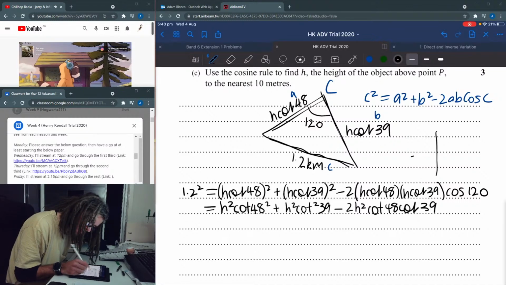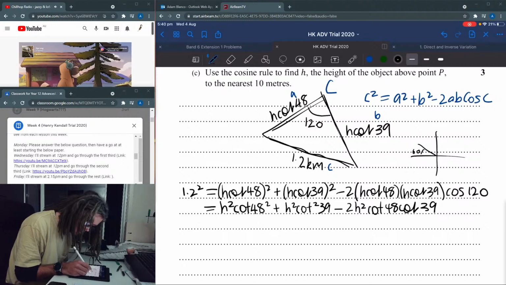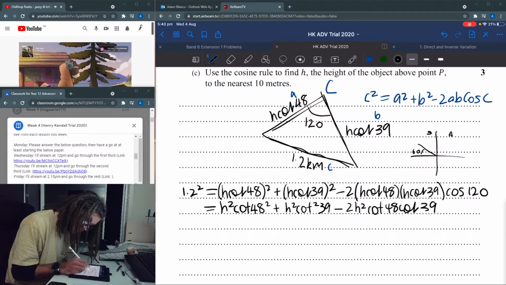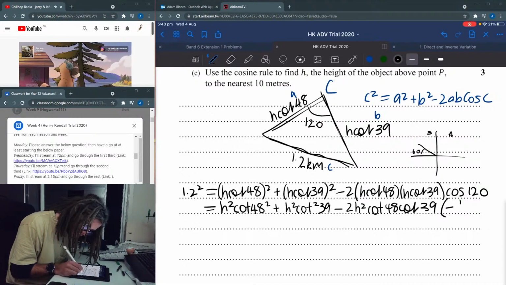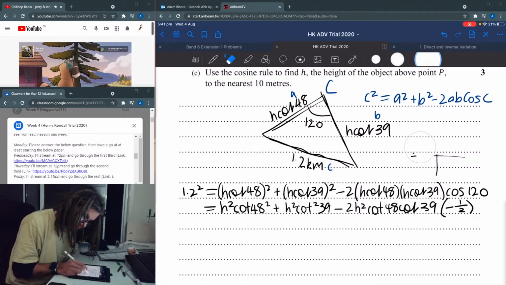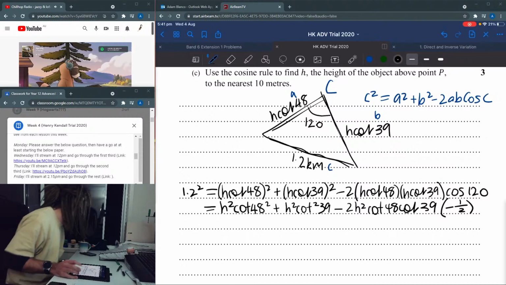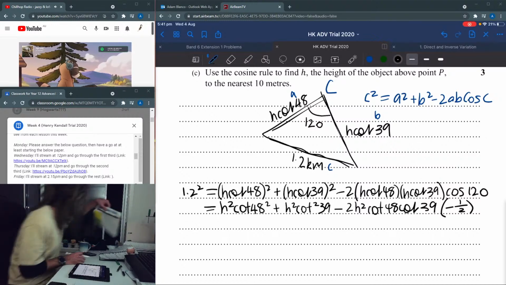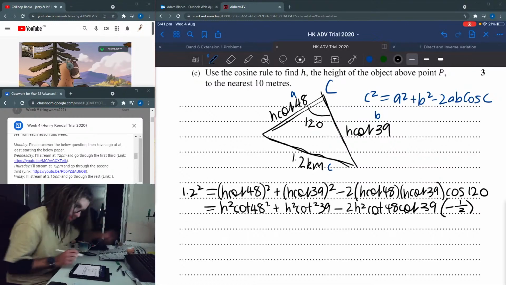So cos 120: 120 is here with the acute angle being 60, so cos is negative here. So I'm going to end up with a negative cos 60. What's cos 60? That's a half. So a negative half. Or I could just type it into my calculator. I better check that because I'm definitely going to get that wrong. Cos 120, negative half. Okay.